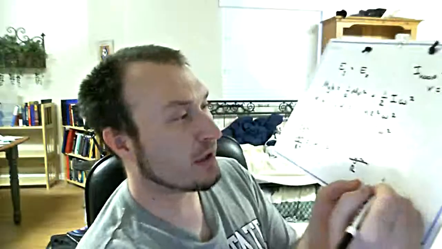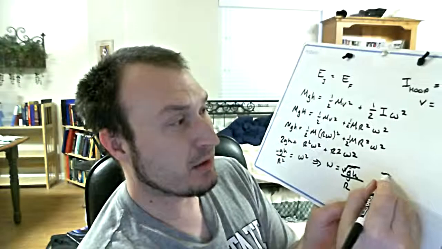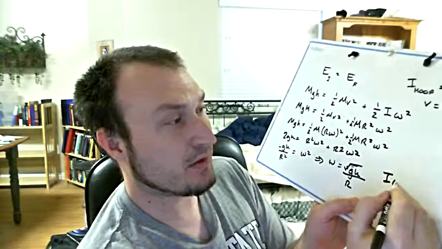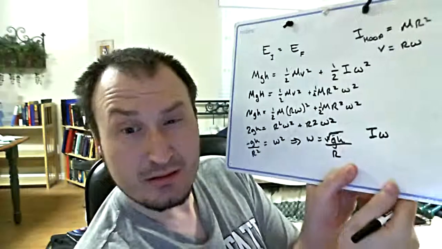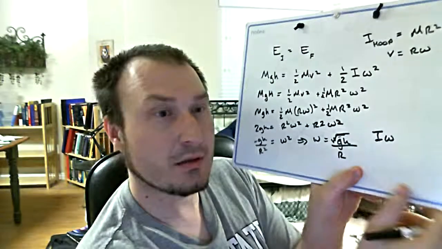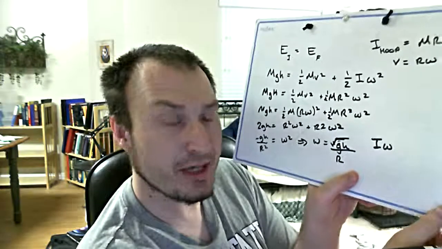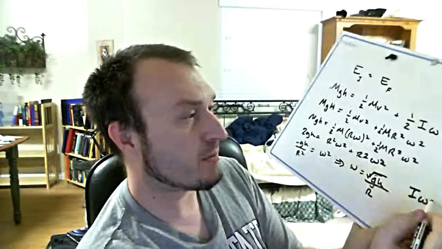So I didn't panic for more than a moment, and then I looked at the problem and it says the angular momentum about its center of mass is. What I ultimately wanted in this problem is angular momentum, which is moment of inertia times the rotational velocity, I omega.